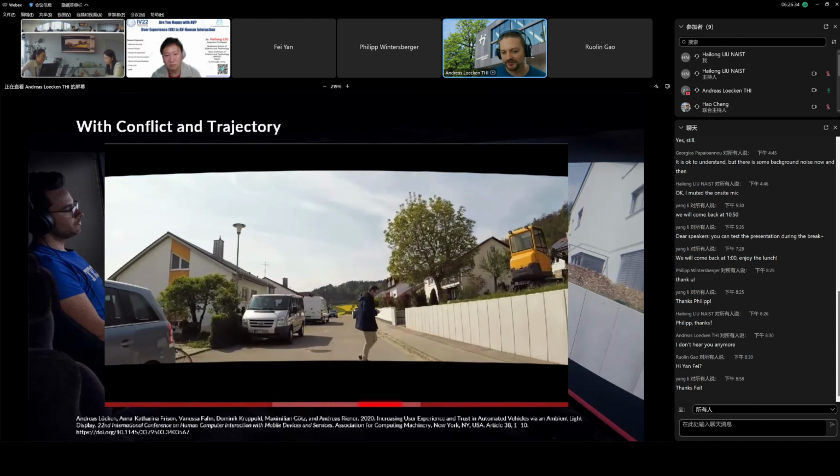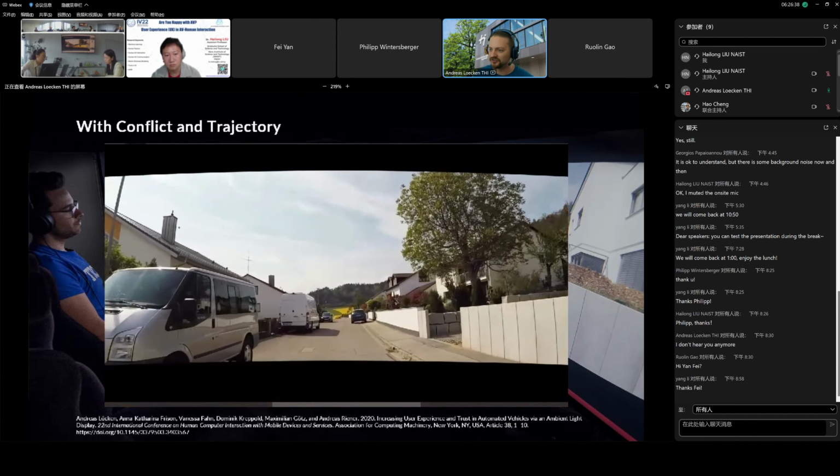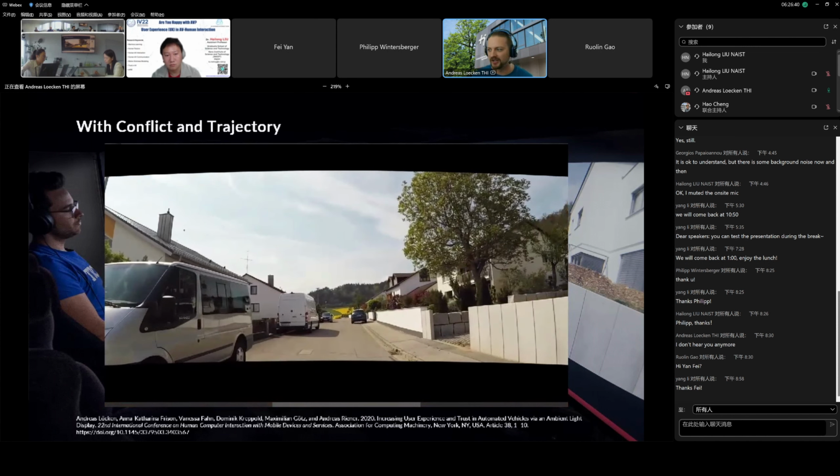In this situation, we learned that the participants preferred it very much to get this information, even though the car was perfectly driving on its own. They just wanted to know what's going on, and they preferred the trajectory together with the, let's say, warning or the obstacle visualization in red to only the warning about the obstacle.